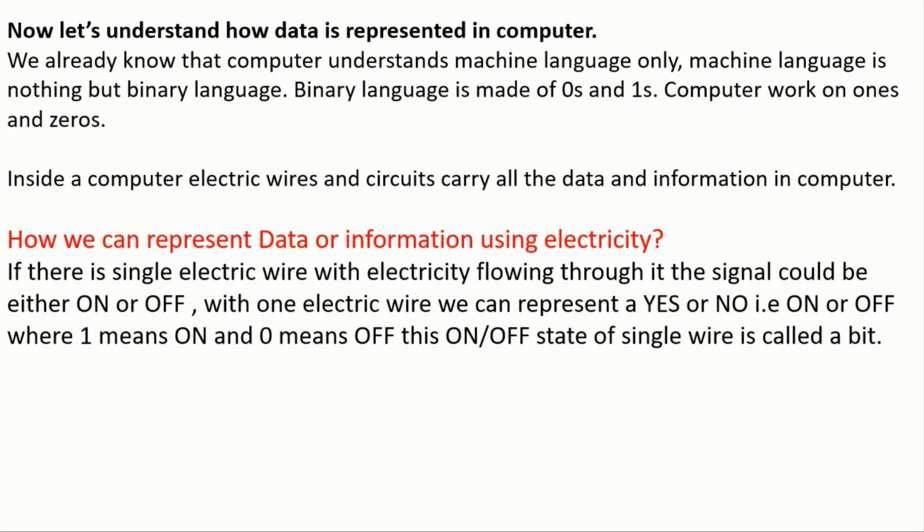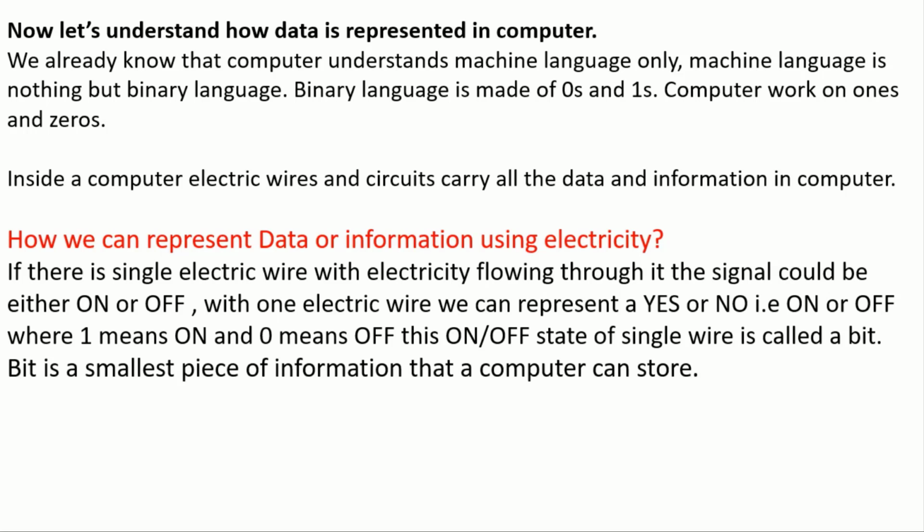With one electric wire, we can represent a yes or no, that is on or off, that is true or false, where 1 means on and 0 means off. This on off state of single wire is called a bit. Bit is the smallest piece of information that a computer can store.